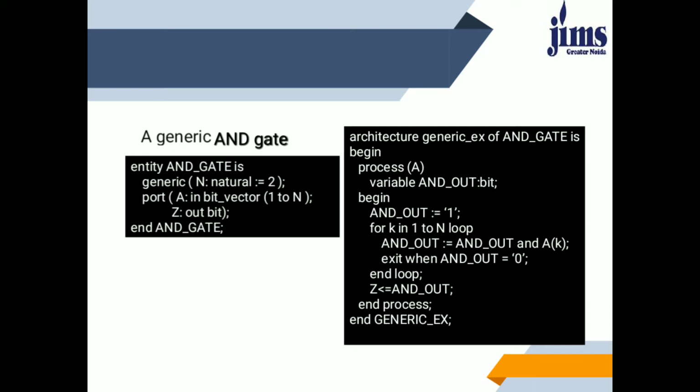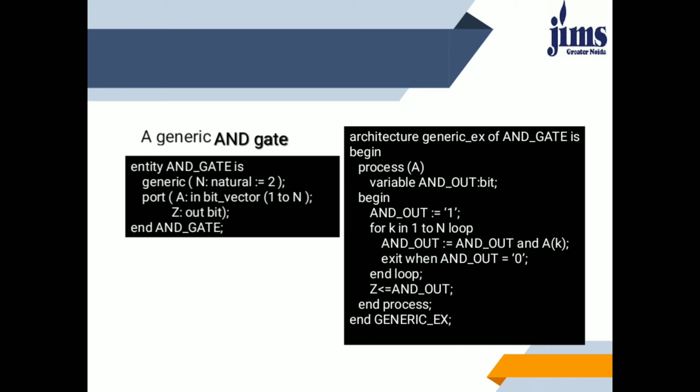Before writing the whole program, meaning the architecture, we will define its entity. In the entity part, we should know how many inputs we are going to take. We can take a 3 input AND gate as well as a single input AND gate or 2 input AND gate. We should define that, because according to that definition, we will specify the inputs.